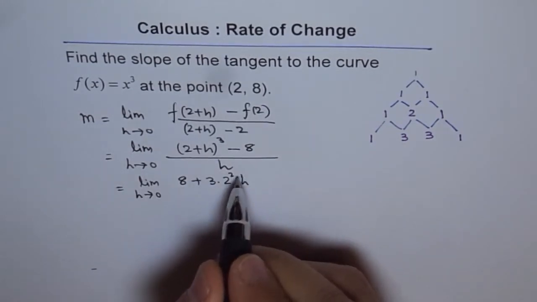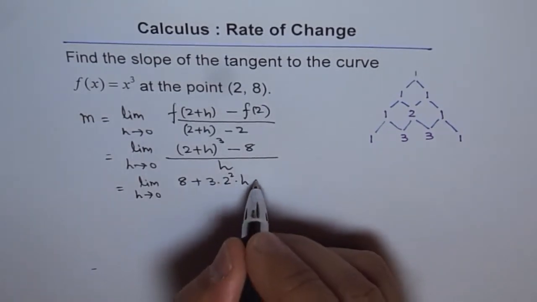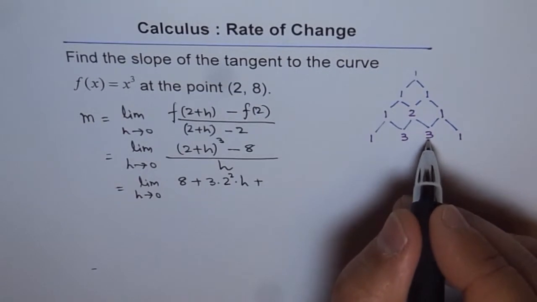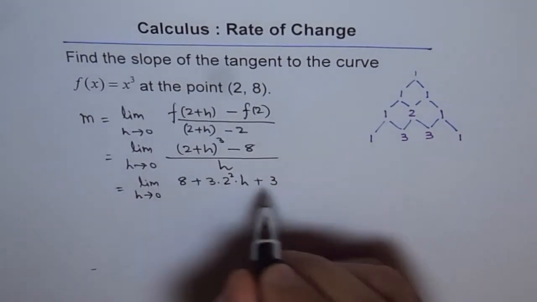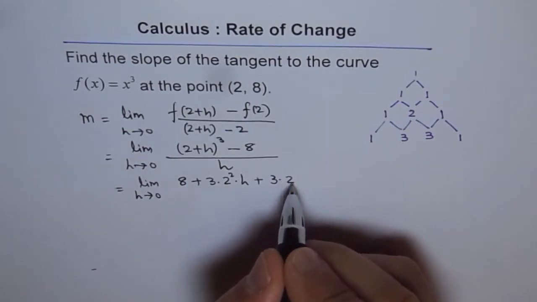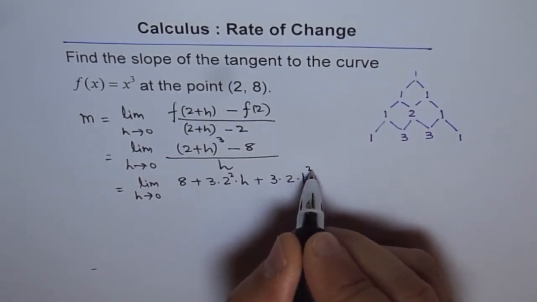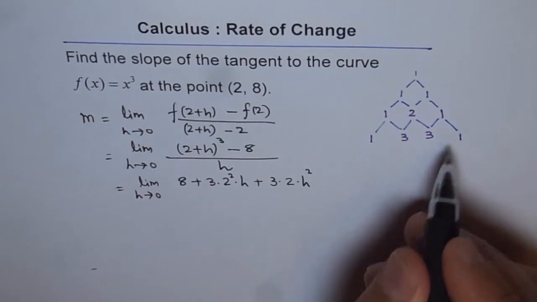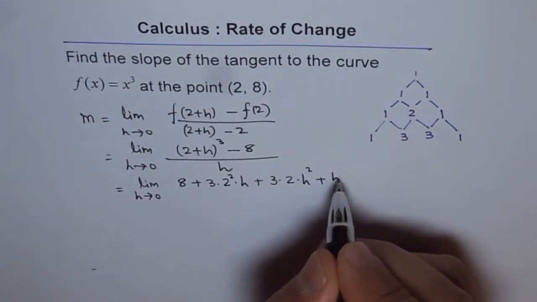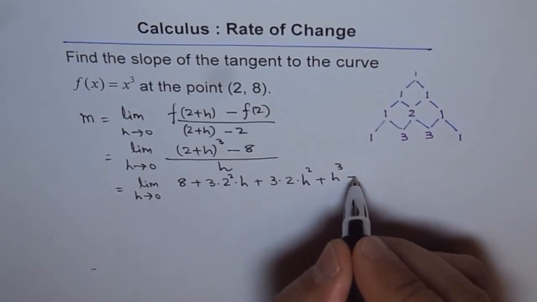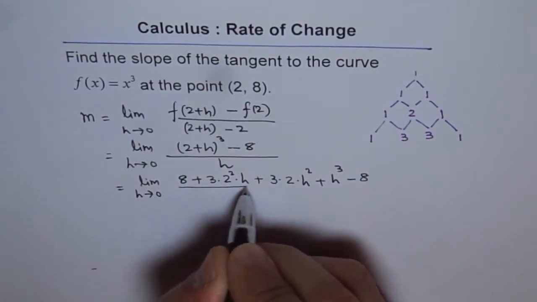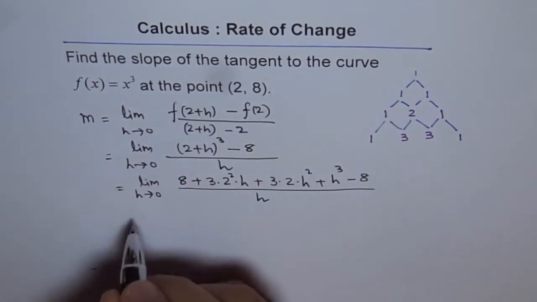And when you add these powers, it is 3 plus, the second coefficient is 3 also, 3 times 2 times h squared, and then we have 1 as a coefficient for h cubed. So that is the expansion of (2 plus h) whole cubed minus 8 over h. I hope you understand, okay?